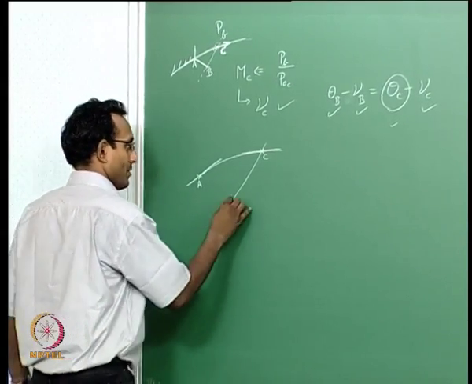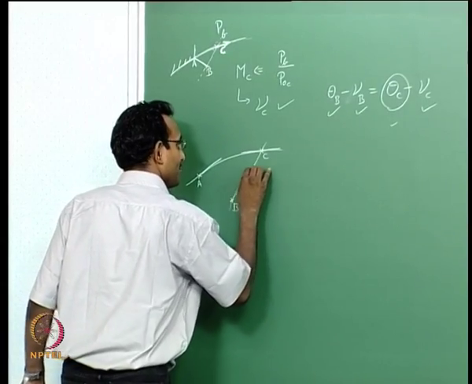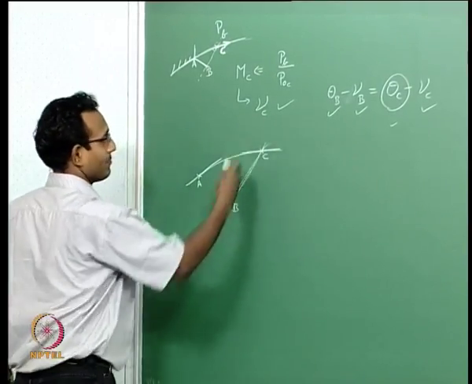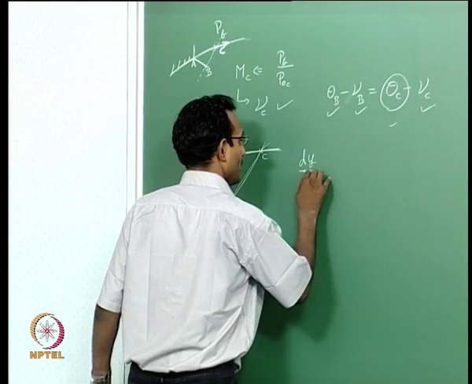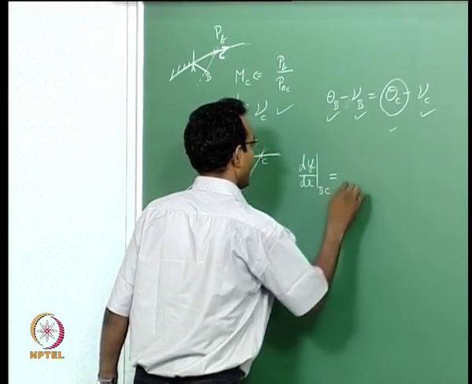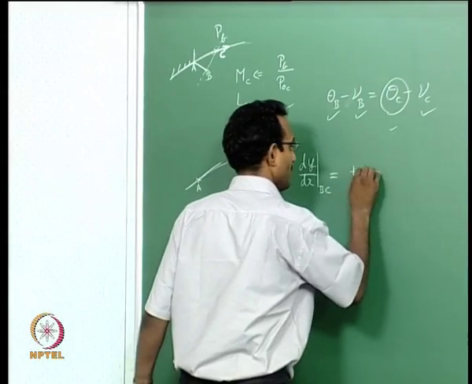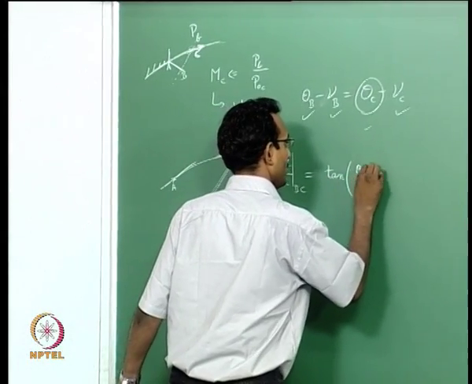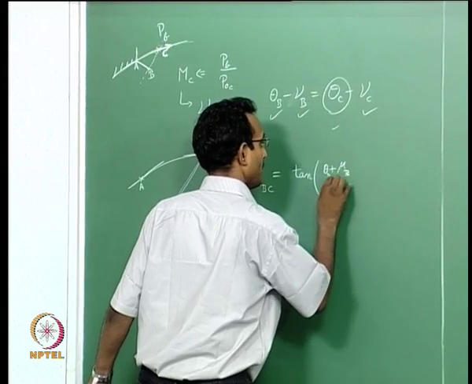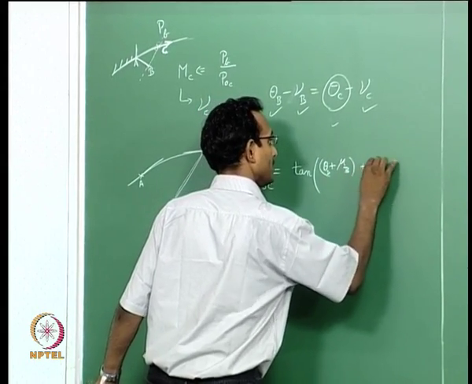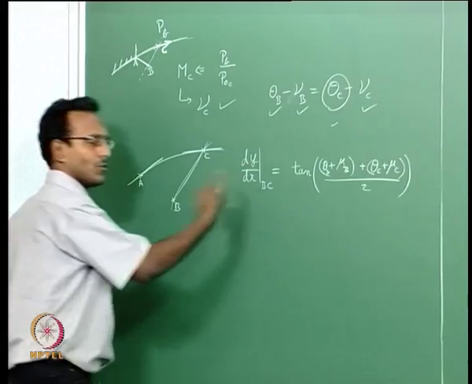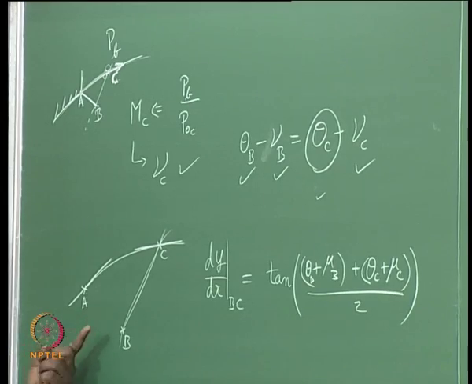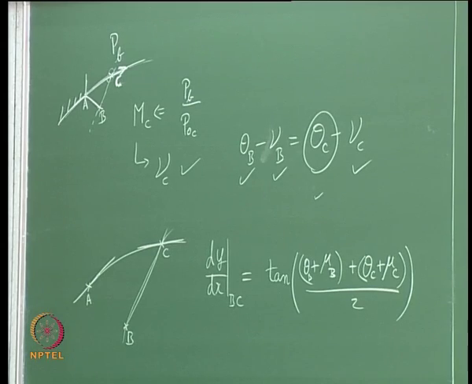Of course, we will start using this also as a curve, characteristic is also a curve, and now I am going to say dy by dx for the BC line is going to be tan of theta B plus mu B plus theta C plus mu C, whole by 2. Similar to what we did before, nothing different, it is exactly the same as the positive characteristic for the interior point.